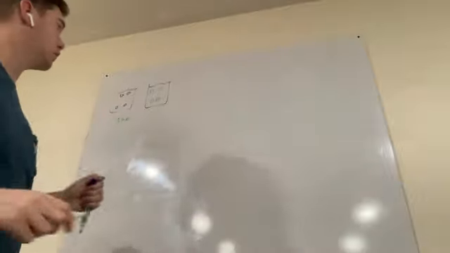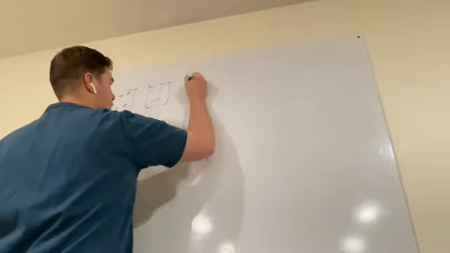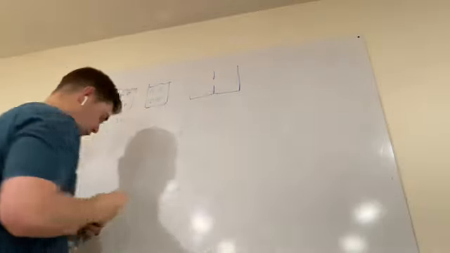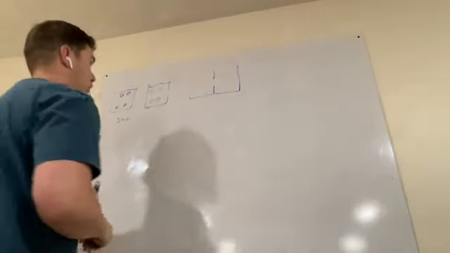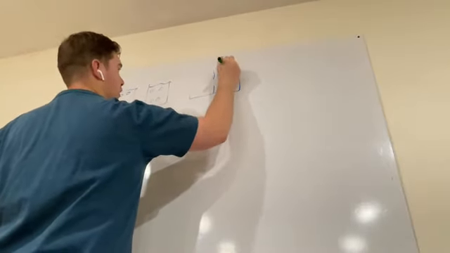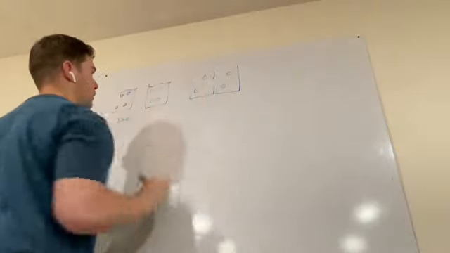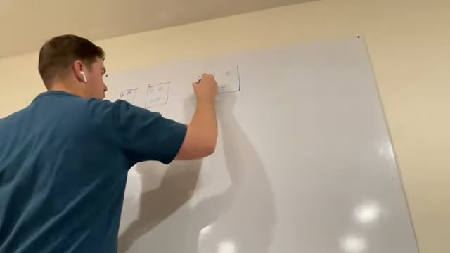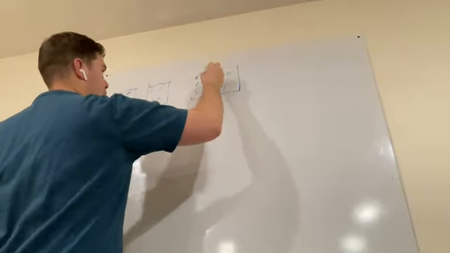So they have the same concentration, but when you put them together, this green is permeable. That means it can go across the gradient. It's going to go across. But the blue isn't able to move across the gradient.